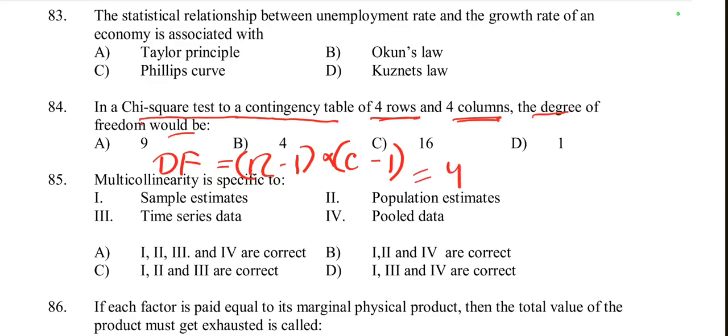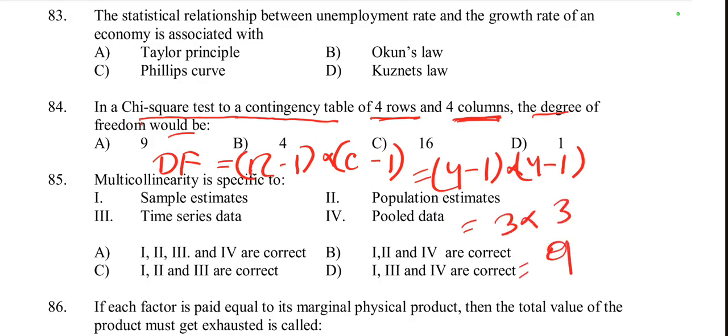Row is 4 minus 1, column is also 4 minus 1. So 3 into 3, which is equal to 9. So the right option is 9, option A.